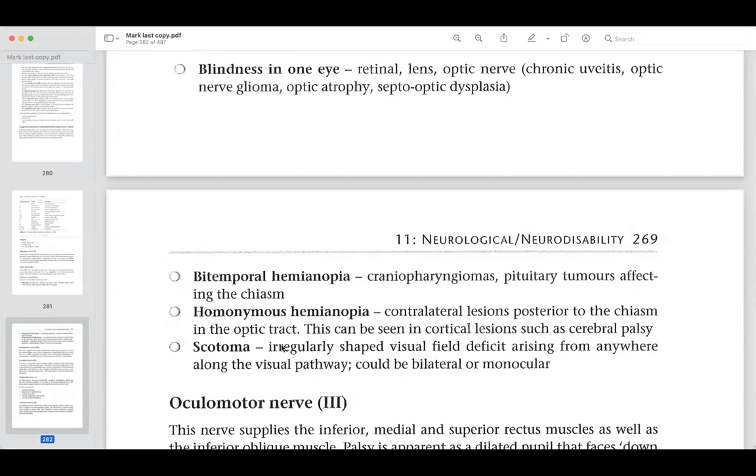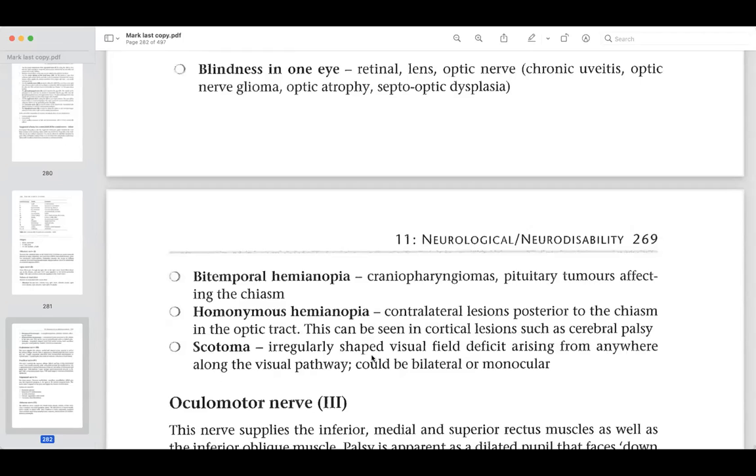So here, for bitemporal hemianopia, the problem is at the chiasm. Next, for the homonymous hemianopia, the problem is in the optic tract. We will see the picture, then we will get to know. I'm just reading it now. This can be seen in cortical lesions such as cerebral palsy. You can see this homonymous hemianopia in cortical lesions such as cerebral palsy also.